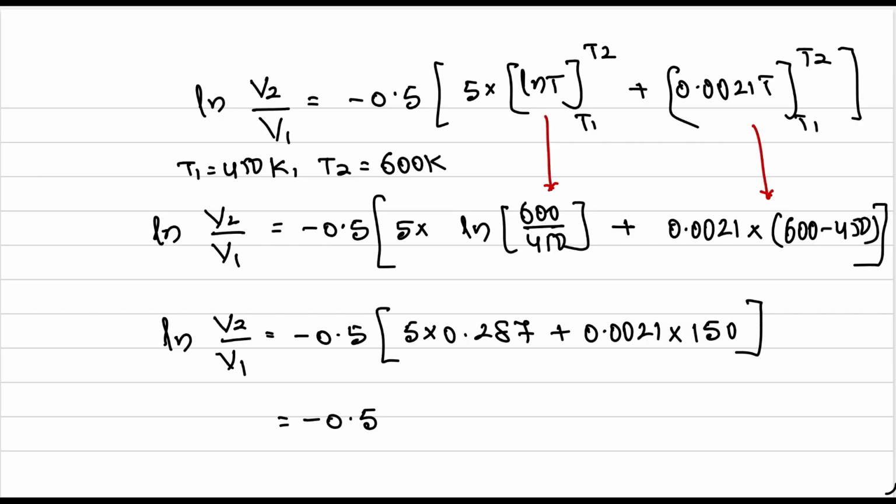That is equal to minus 0.5 into 5 into 0.287, which is 1.435, plus 0.0021 into 150 is equal to 0.315.